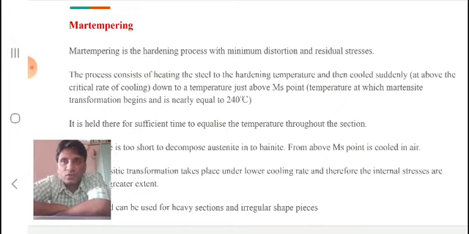This process consists of heating the steel to the hardening temperature and then cooling suddenly down to a temperature just above the MS point, where the transformation of martensite begins, which is nearly around 240 or 250 degrees centigrade.